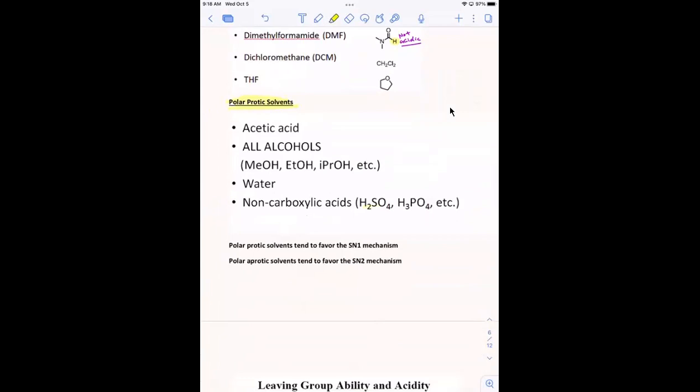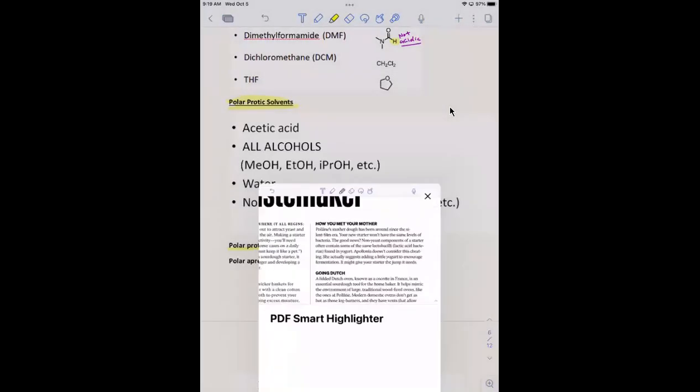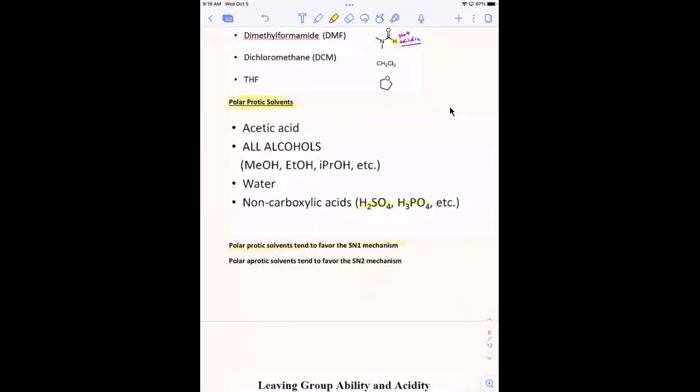Non-carboxylic acids like sulfuric acid, phosphoric acid, HX, HF, HCl, HBr, anything like that is going to be able to donate a proton. You do not want to do an SN2 reaction in a protic solvent. So I have it written here: protic solvents favor SN1, and aprotic solvents favor SN2. It's really one of the ways to define which mechanism is going to take place.